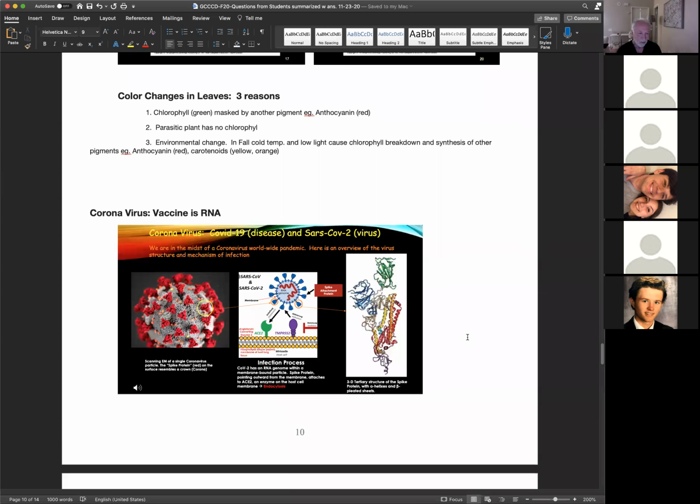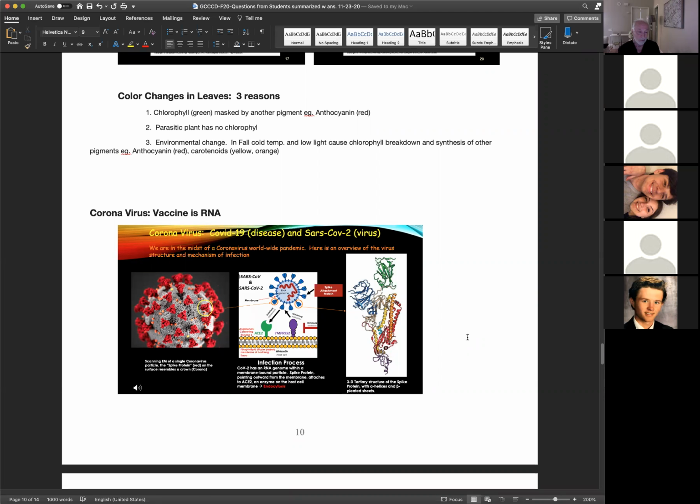And going back to what we went over a couple of times in lecture is the structure of a coronavirus particle. We know that it has these spike proteins on the surface, and we know that its genome is made of RNA. Those are the two things that were emphasized.